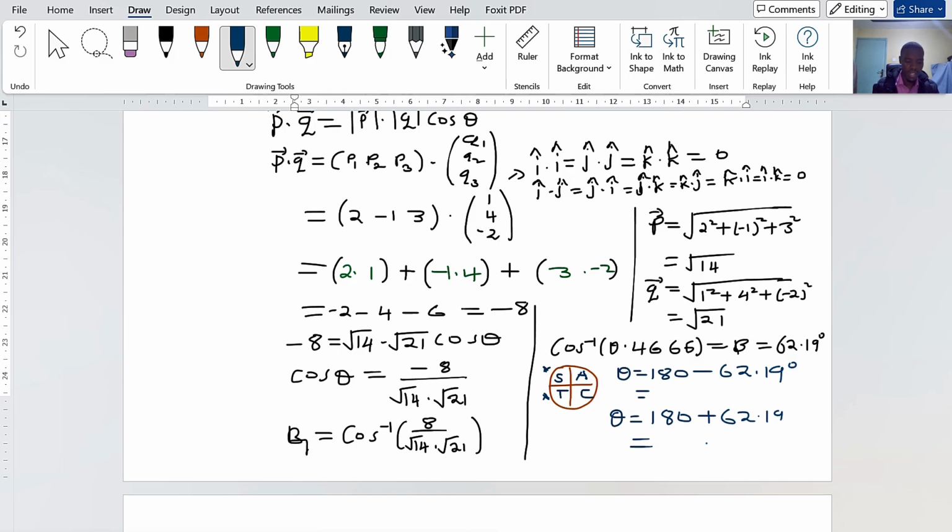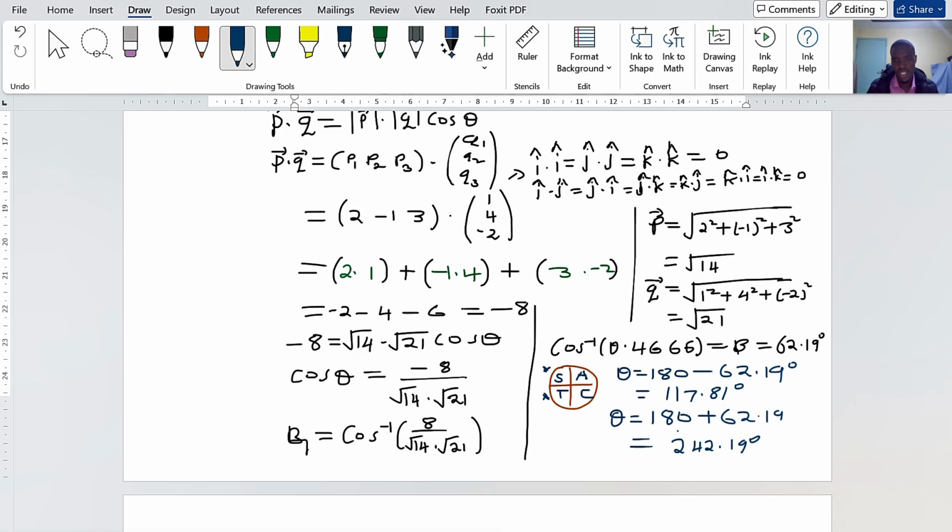So we have 180 minus 62.19. You can see that gives us 117.81 degrees. The other angle is when we add, which gives us 242.19 degrees.